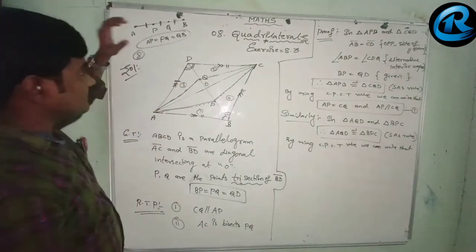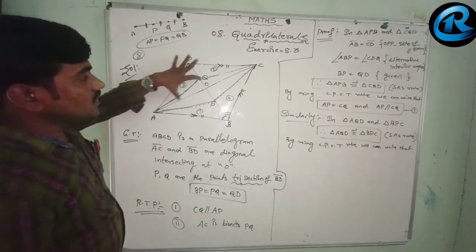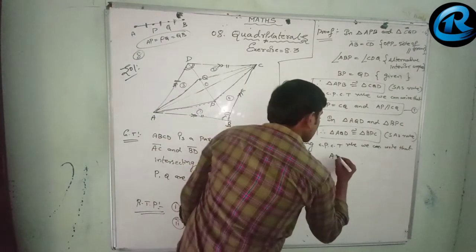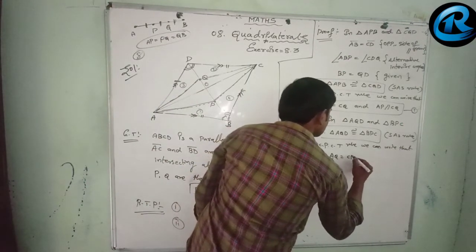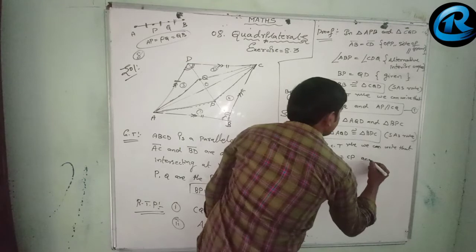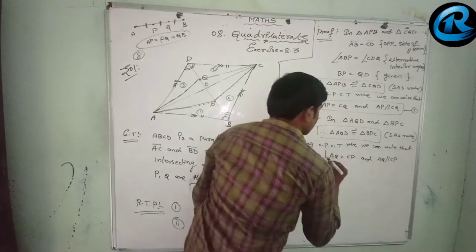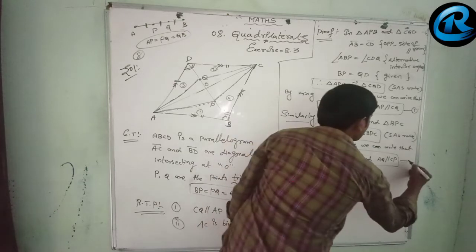We can write that here. AQ is equal to CP, and here AQ is parallel to CP. This is equation number 2.